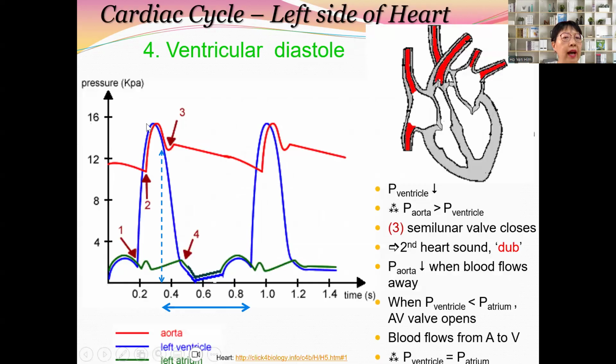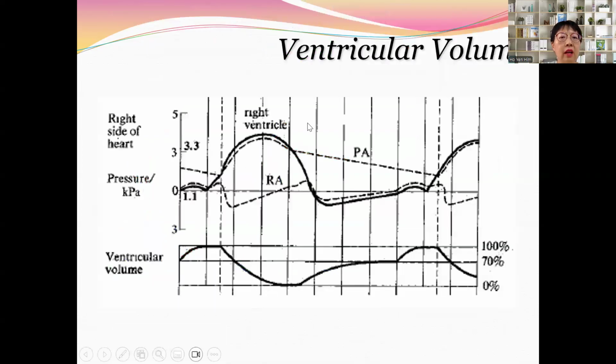So you see, the left side of the heart during ventricular systole is around 16 kilopascal. Right side of the heart, how much should it be? Left ventricle peak systole is 16 kilopascal. Right ventricle peak systole is how much? 4. Let's see, is it 4? Yes, around 4. This is the right ventricle, around 4.